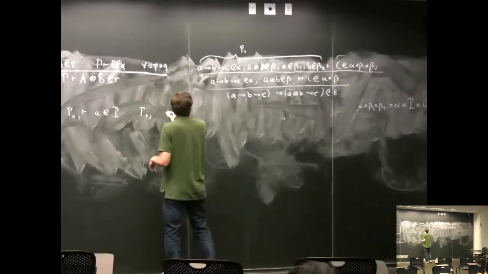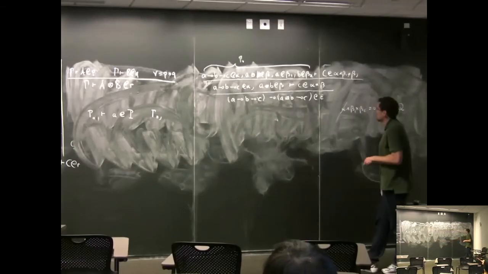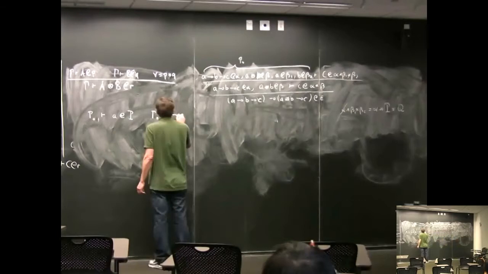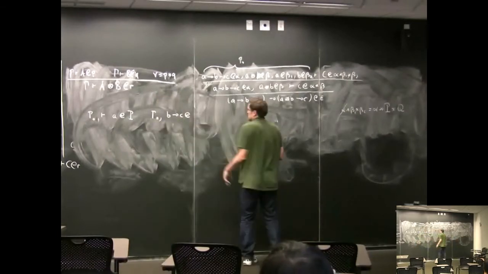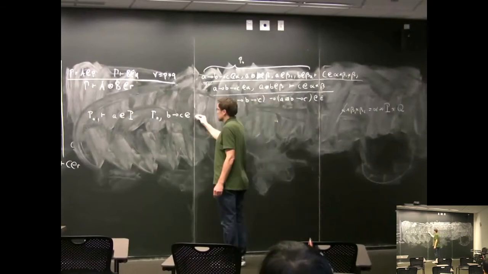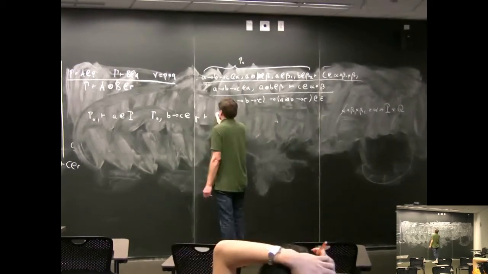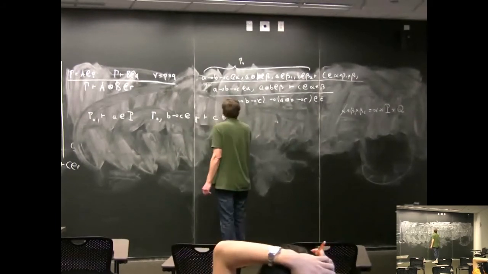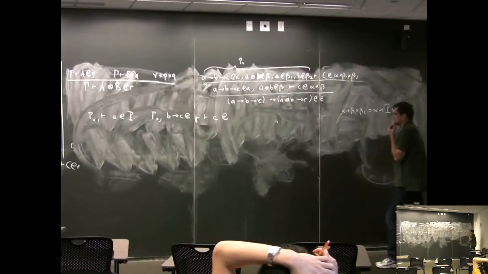B implies C at some new gamma, small gamma, proves C at, and what is the thing we have to prove it at?